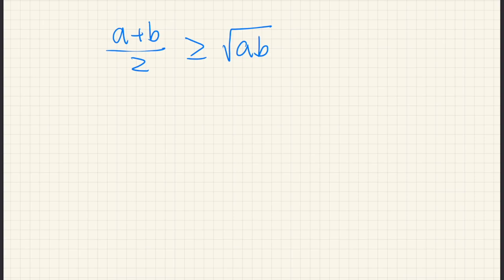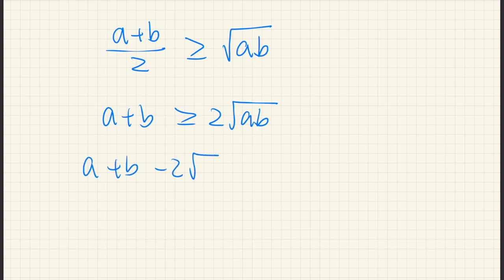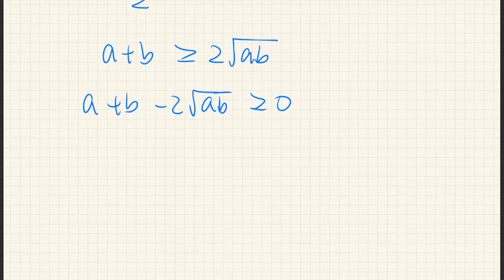First we multiply both sides by 2, so we have a plus b greater than or equal to 2 square root of ab. Then we move the right-hand side to the left-hand side, and we have a plus b minus 2 square root of ab greater than or equal to 0.